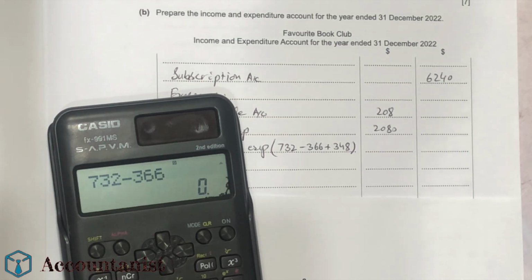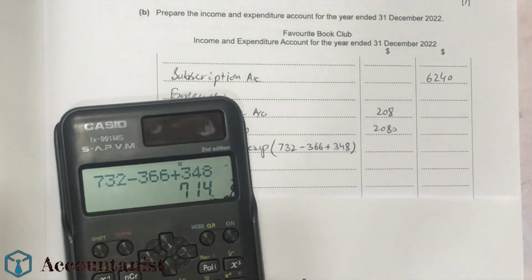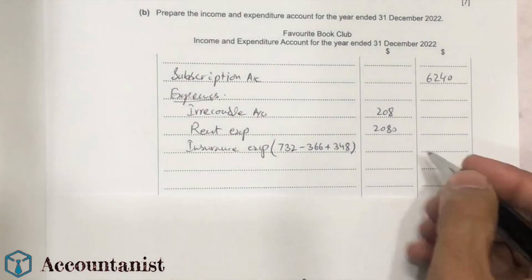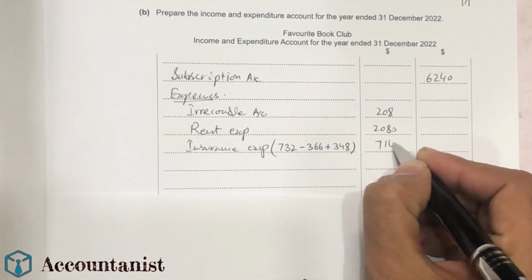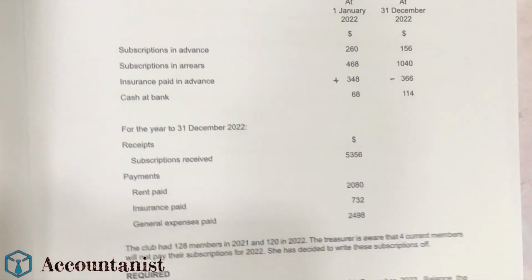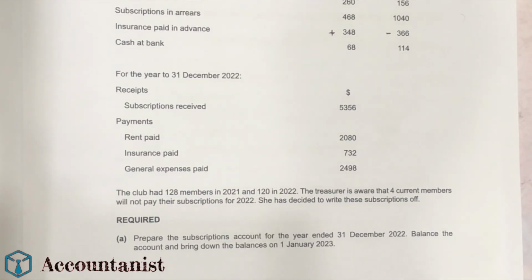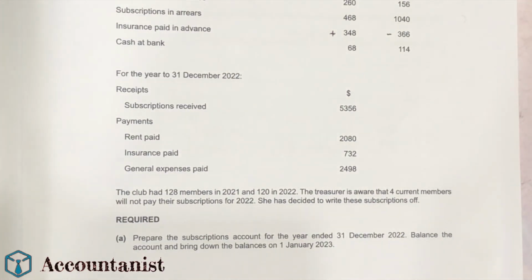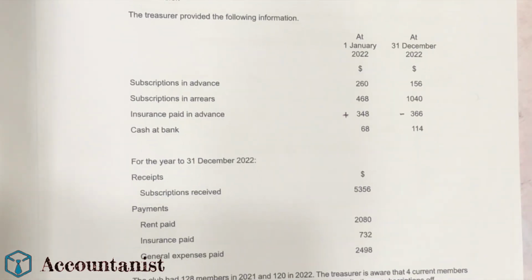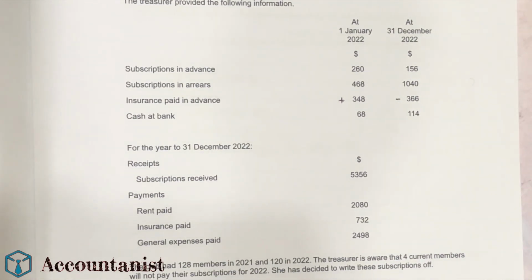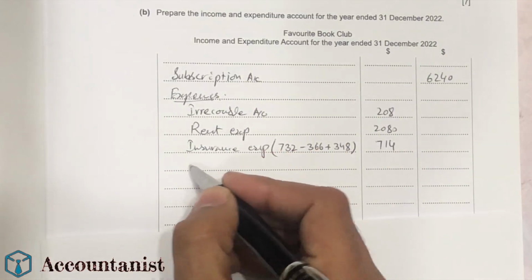So 366 is going to be deducted, plus 348 is going to be added, so it gives me a total of 714. So I'm going to write down 714. So let's see if we do have any other expense. Yes, so we have general expenses 2498. We do not have any opening and closing adjustment for the general expense, so general expense is going to be written down here.